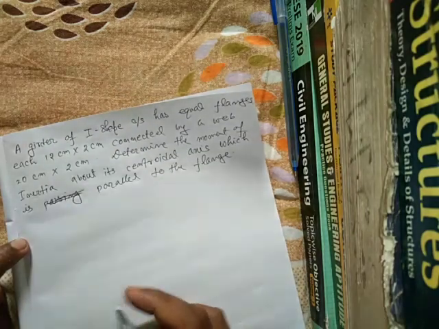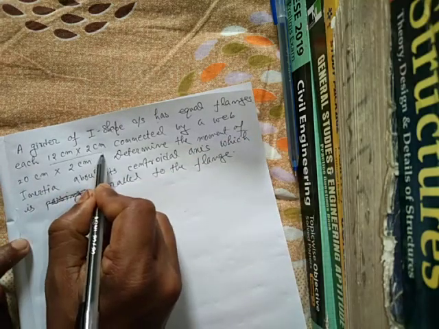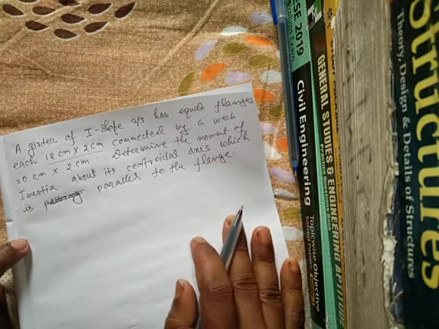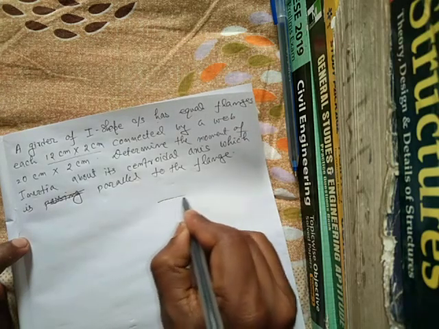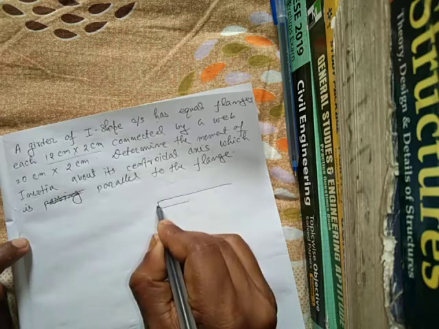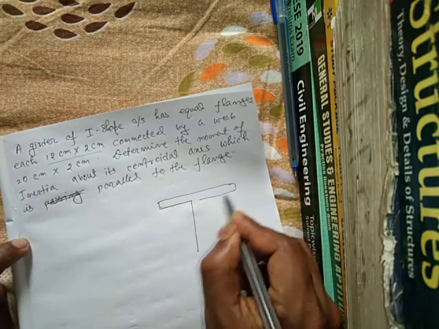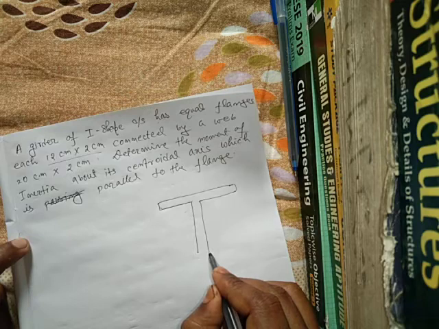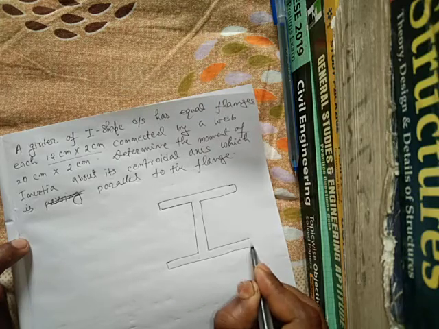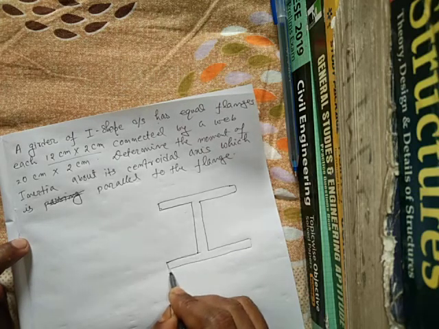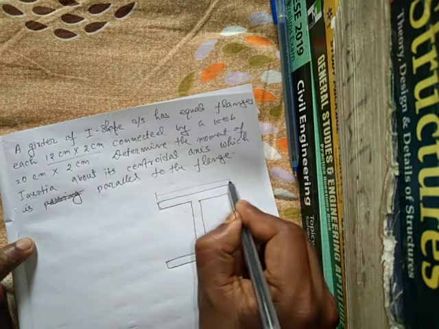Let me draw the I section. I section having equal flanges of size 12 centimeter by 2 centimeter.